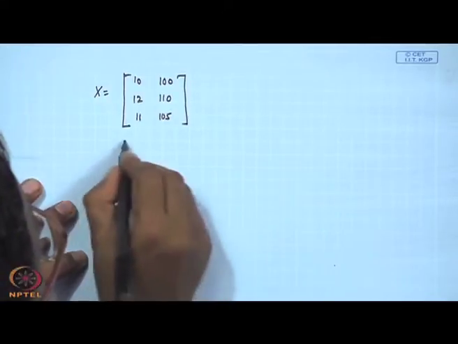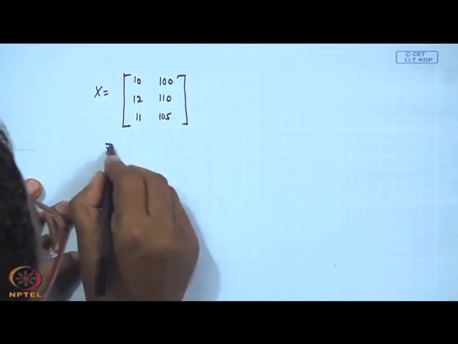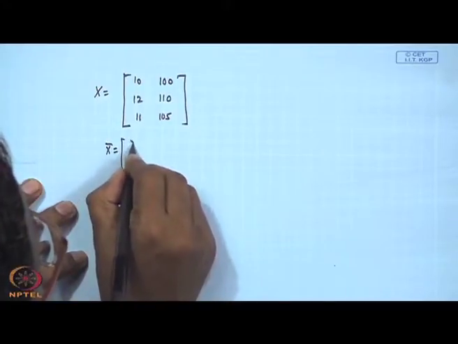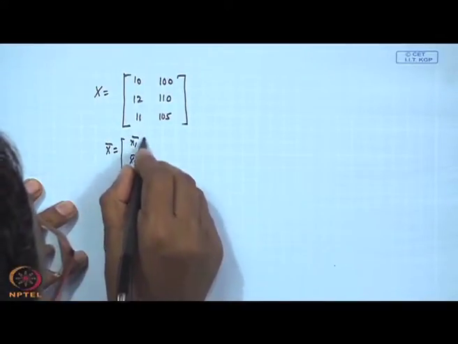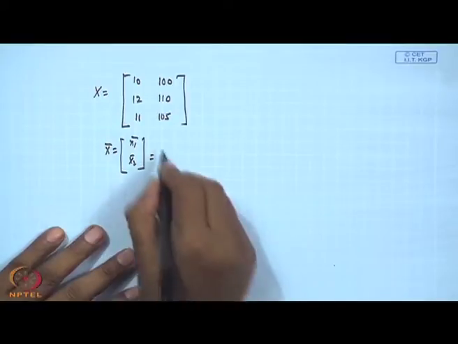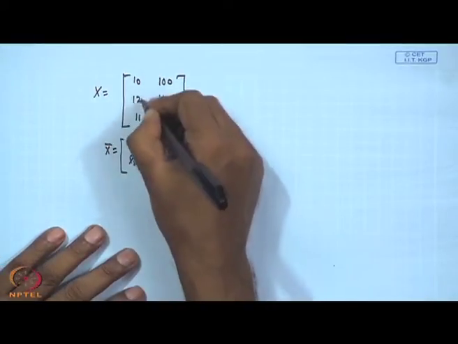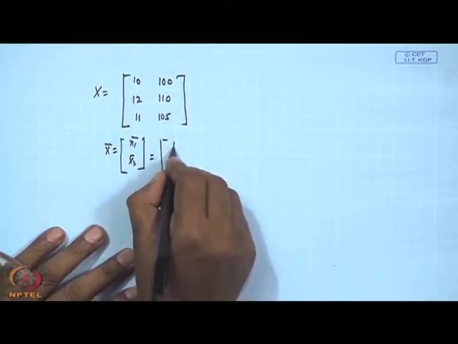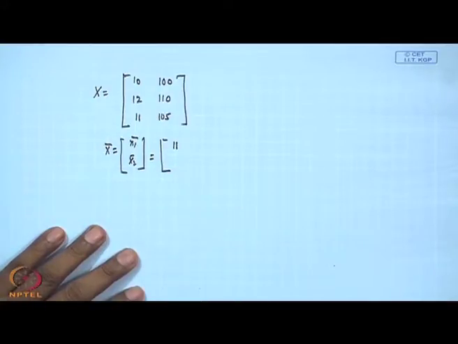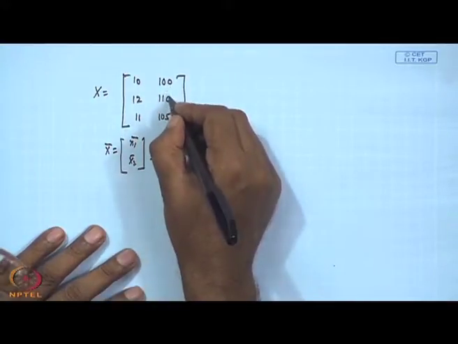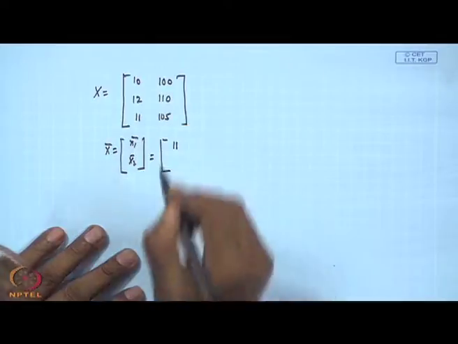What will be your x bar, that is x_1 bar and x_2 bar? It will be (10 plus 12 plus 11) by 3, that is 11, and for the second one, 100, 110 and 105 gives 105.